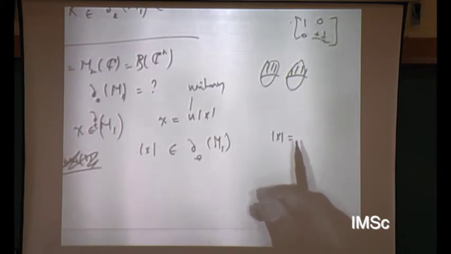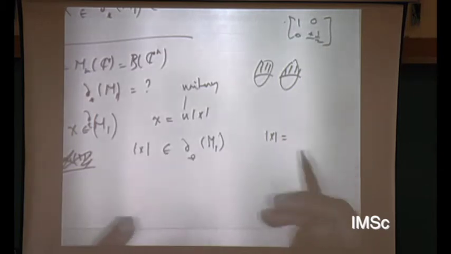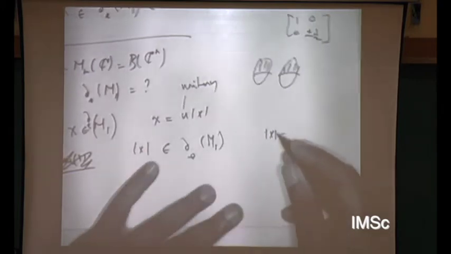So mod x is diagonal is the same as saying that ad u of mod x is diagonal. And mod x is extreme is the same as saying ad u of mod x must be extreme. So you can assume without loss of generality that mod x is actually diagonal.